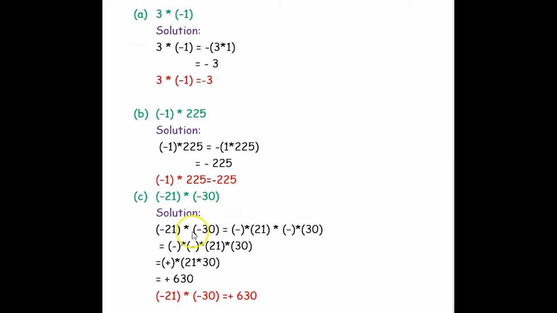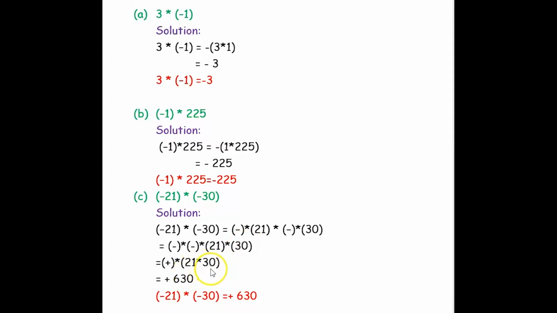Next is negative 21 into negative 30. So, here we can split the given question like this. Negative into 21 into negative into 30. And I am rearranging negative into negative into 21 into 30. So, we know that negative into negative will become positive. So, positive into, we can multiply the integers.